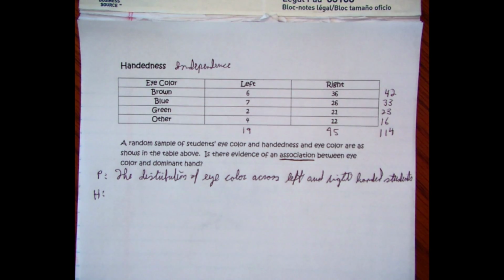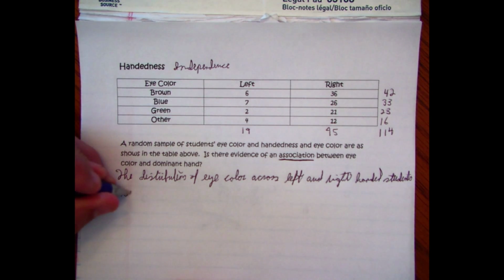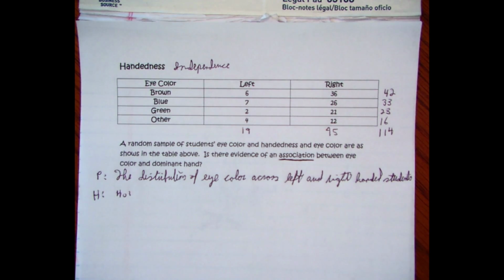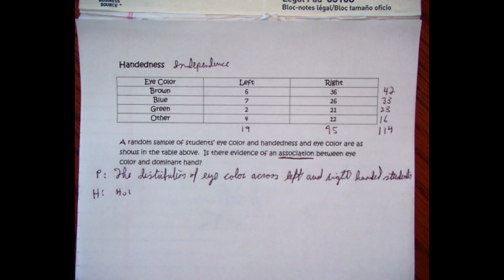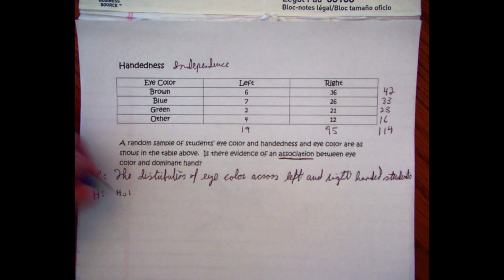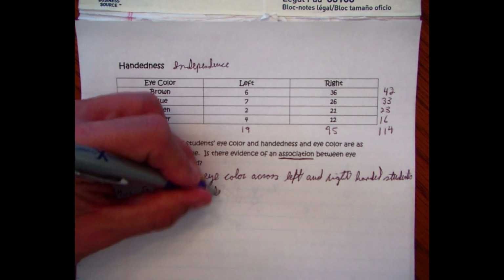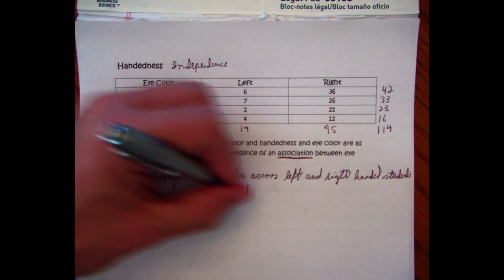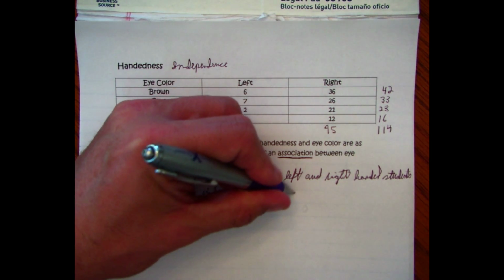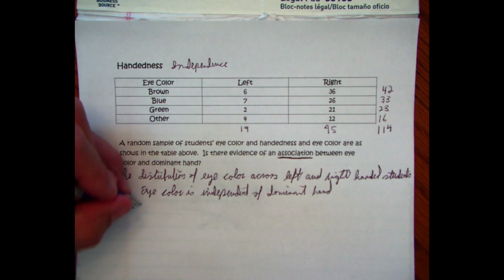So what that brings us to is that the null hypothesis is, really you could say there is no association between eye color and dominant hand, but when there's no association, what does that really mean? And you wouldn't be wrong in writing it that way. If you write it that way, that's okay. But what you're really saying is eye color is independent of dominant hand. Okay. The alternative is there is an association.